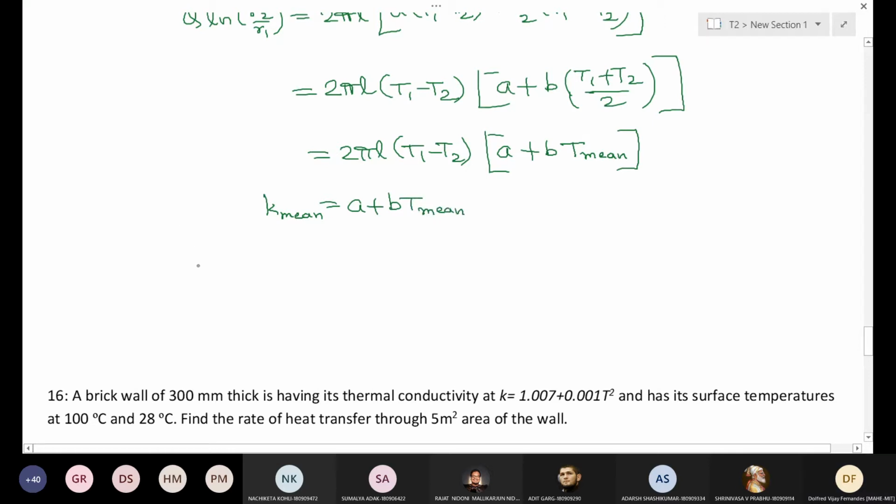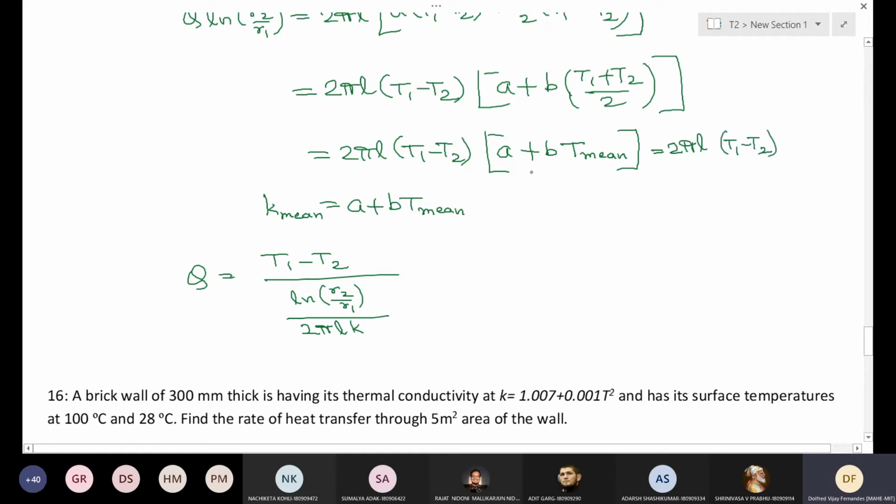Then Q is given by T1 minus T2 divided by ln R2 by R1 divided by 2 pi L K mean. Or I can write here itself 2 pi L T1 minus T2, and then K mean.